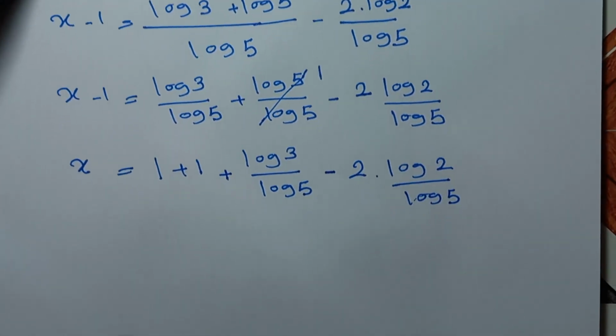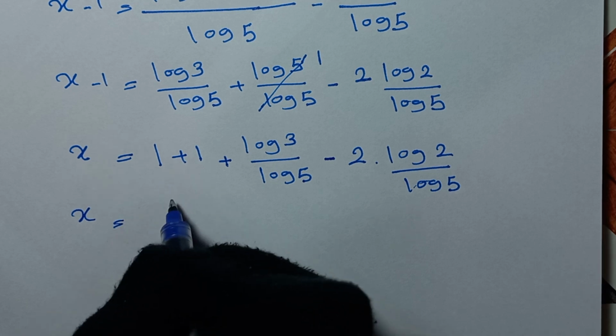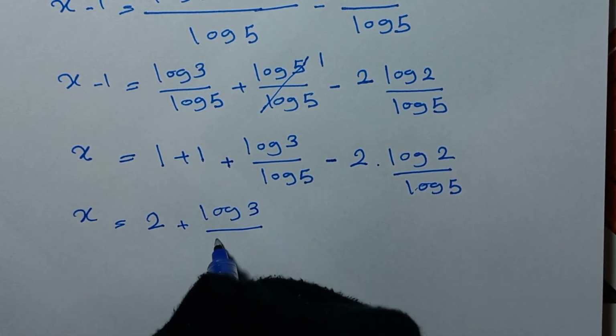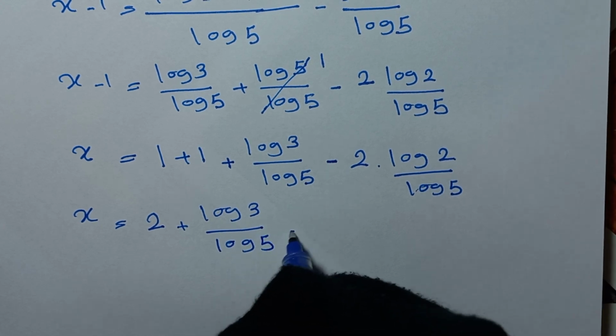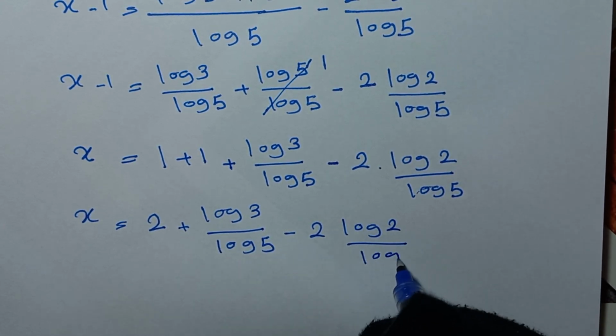So it will be x is equal to 1 plus 1 is 2, so 2 plus log 3 over log 5 minus 2 log 2 over log 5.